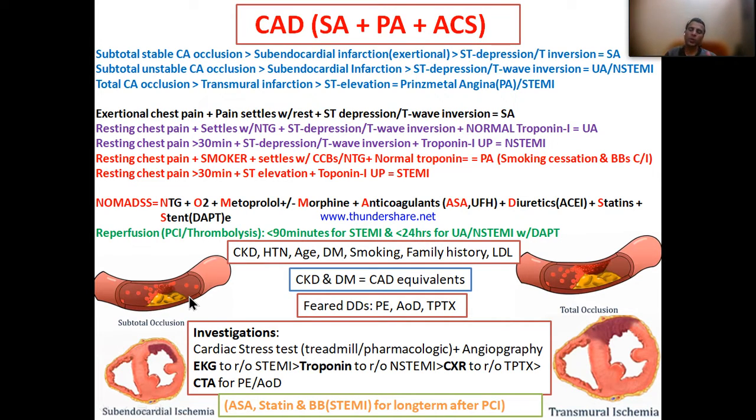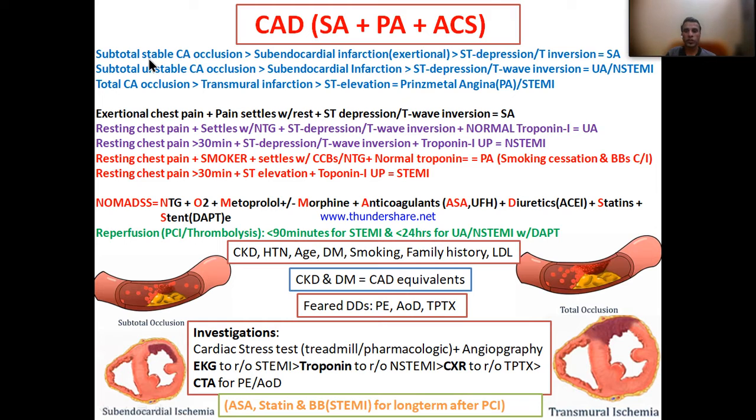That stable plaque will cause more than 70% occlusion of the lumen of the coronary artery, but that is still sufficient to provide enough oxygen to the myocardium during rest. So the oxygen demand of the myocardium during rest is being met despite this stable coronary artery occlusion.